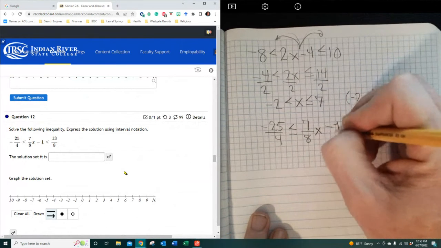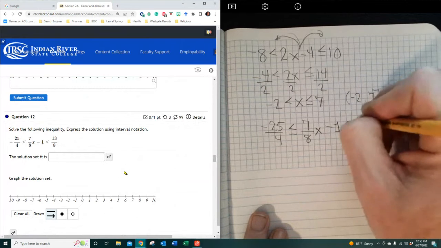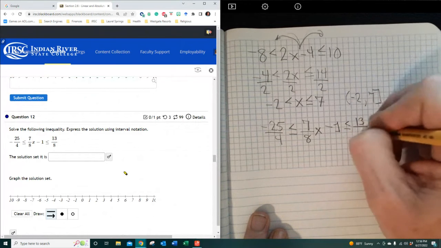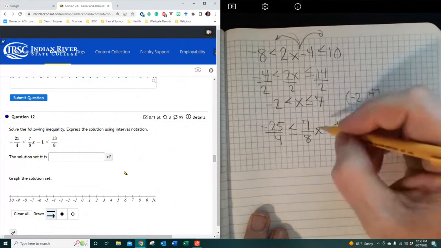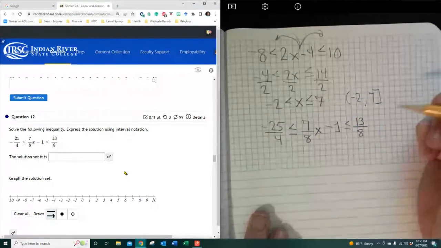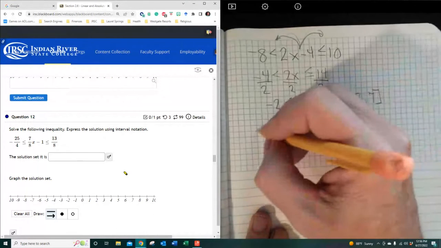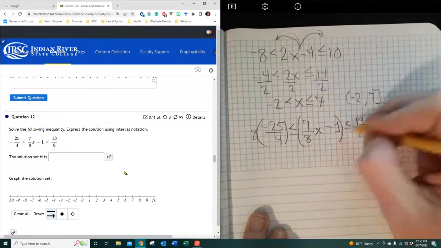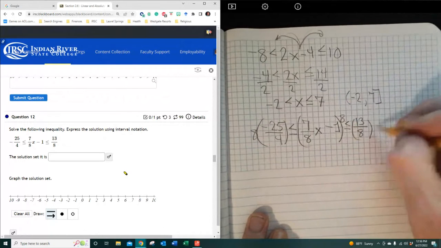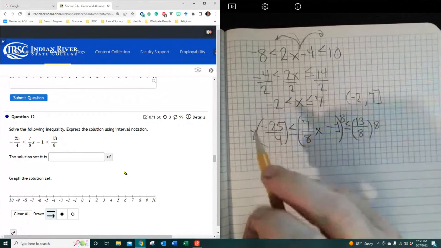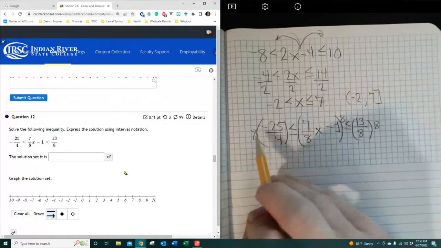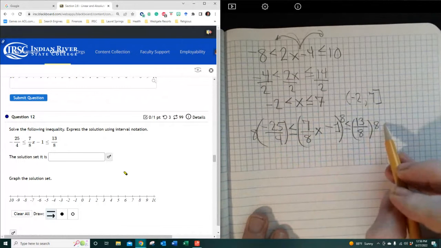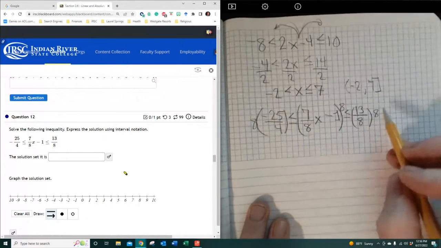So we have to be careful with how we handle the LCD. We look at 4 and 8, and we know 8 is the LCD. So we're going to multiply everything by 8. And notice how I multiply the left, middle, and right side when I do it.